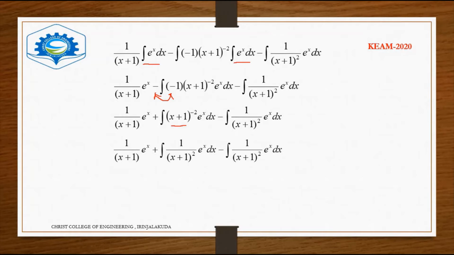Now if you may observe, the second term and the third term are the same. In the third term, I have not yet applied integration by parts, but you are so lucky that these two terms have cancelled each other. Otherwise, you may have to apply integration by parts for that term as well.